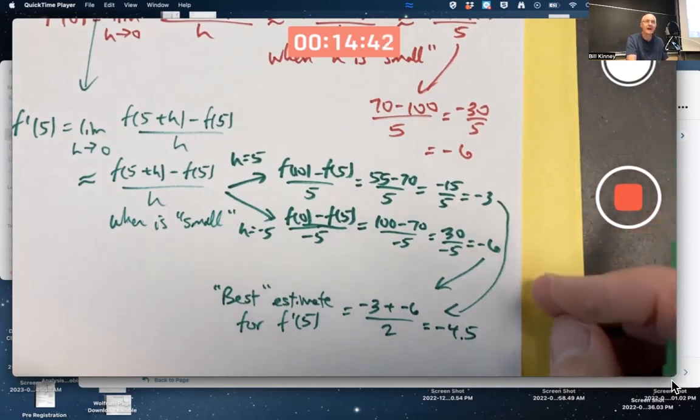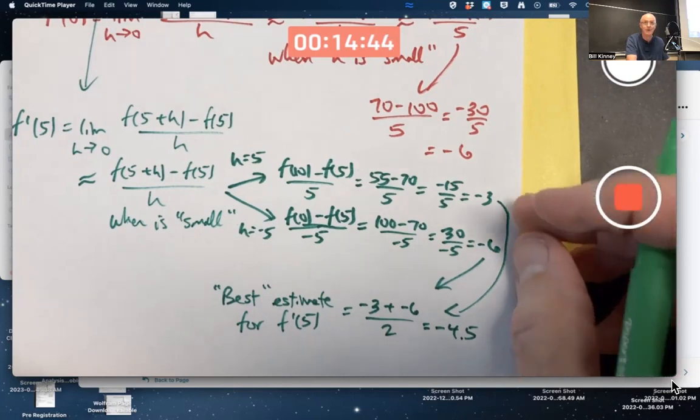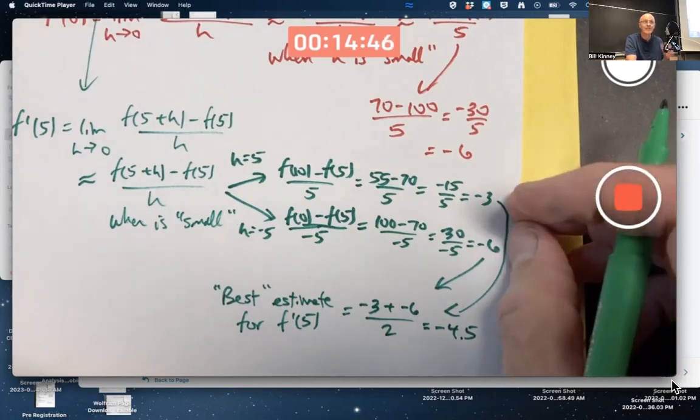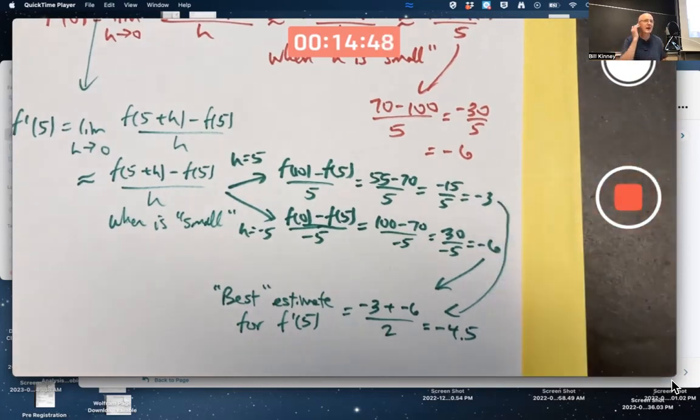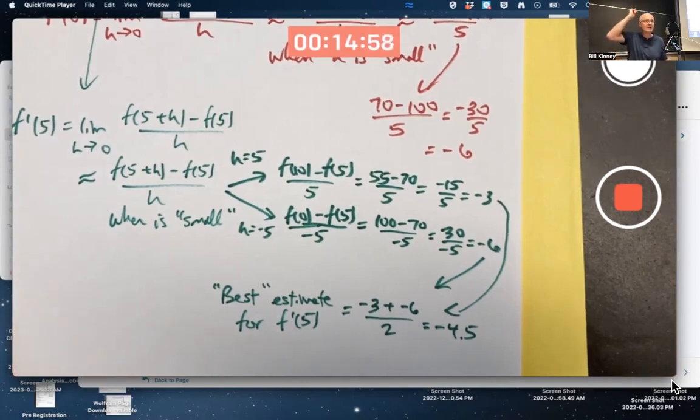And their average is going to be negative. Yes, it is halfway between them. In the absence of other information, this seems like the best option to me. Certainly if your function is reasonable and not oscillating too rapidly, for example, if it's just sort of changing in a gentle way, this seems like probably the best option.